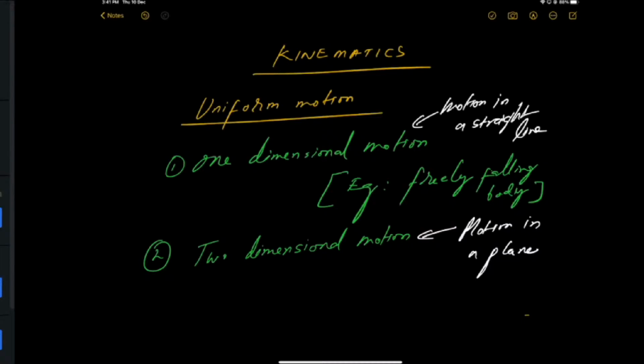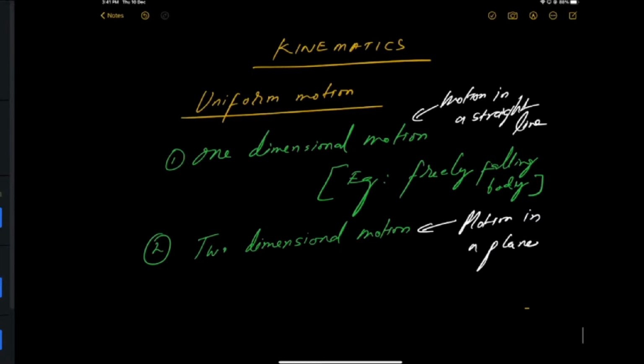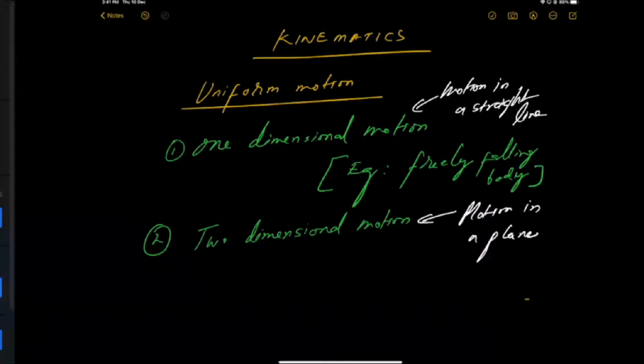When you project something at an angle other than 90 degrees with the horizontal, or if you project anything in which the initial velocity is not in the vertical direction, then it will move in a parabolic path. We'll study about that, but that's called projectile motion.